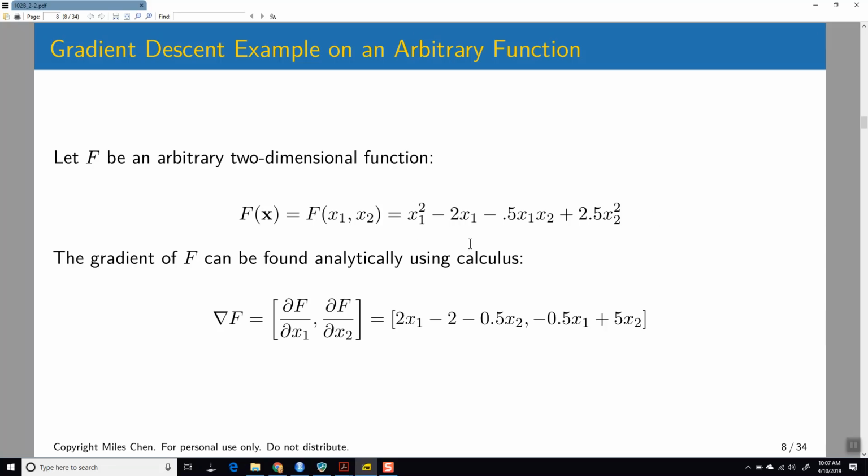If we take the partial derivative with respect to x1, we get 2x1 minus 2 minus 0.5 x2. If we take the derivative with respect to x2, we get minus 0.5 x1 plus, because it's x2 squared, 5 x2. These are the partial derivatives with respect to x1 and x2, and thus we have our gradient, which is two-dimensional.